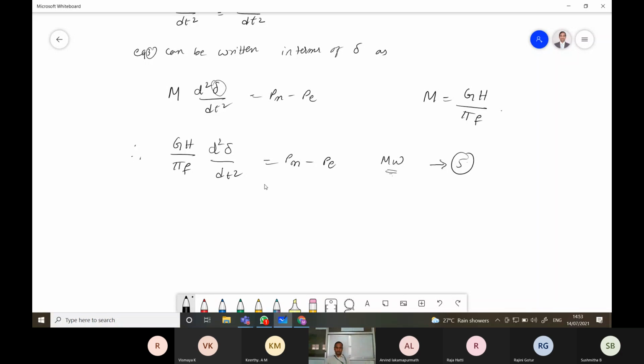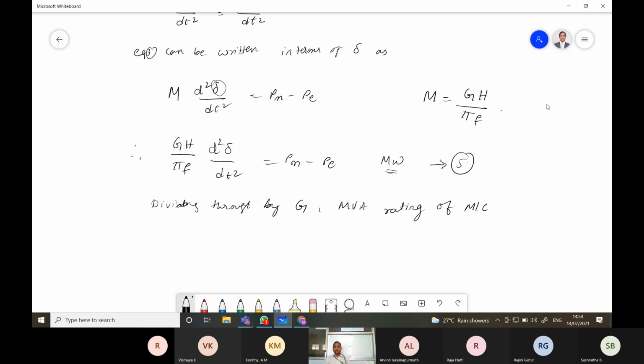So dividing throughout by G, the MVA rating of the machine, M is GH by pi f, divided by G, the G gets cancelled.